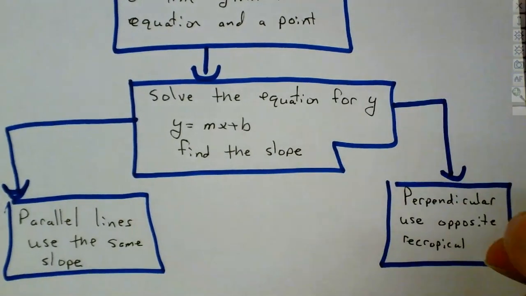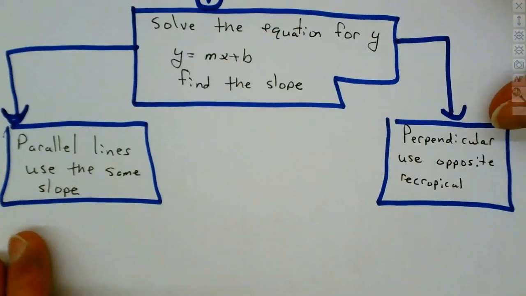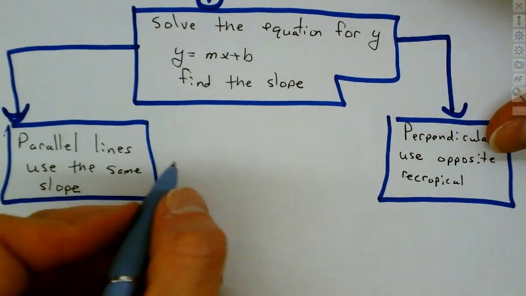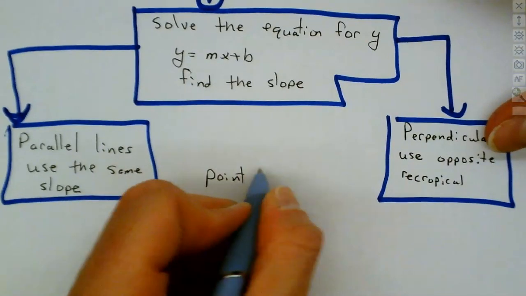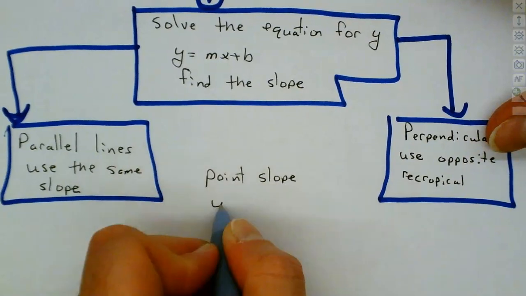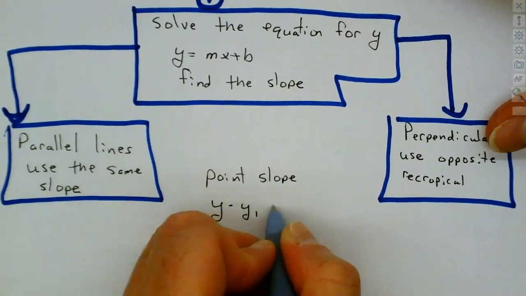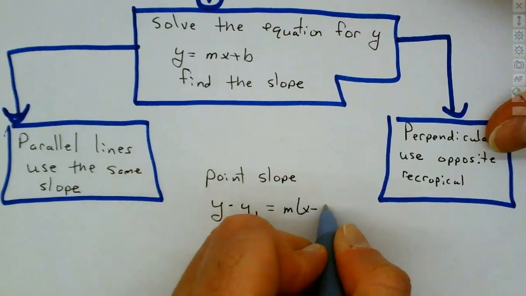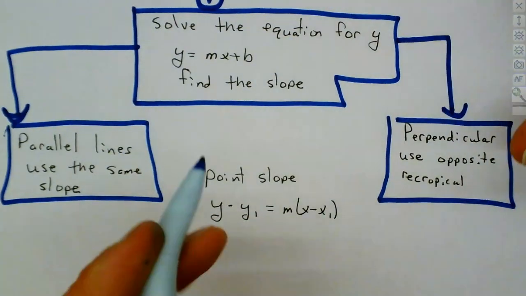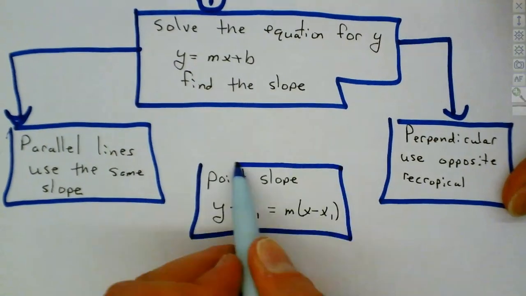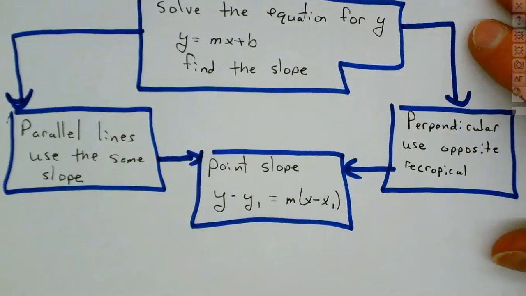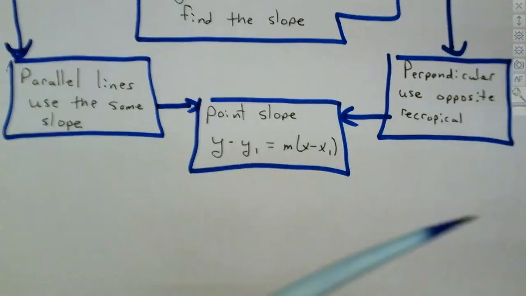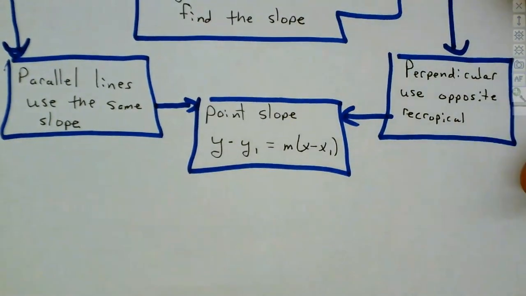Either way you go, it leads back to point-slope form. And that's y minus y1 equals m times x minus x1. So this is just basically like a little recipe that you follow. And then once you've got it in point-slope, you either write your answer in standard form or you write your answer in slope-intercept.